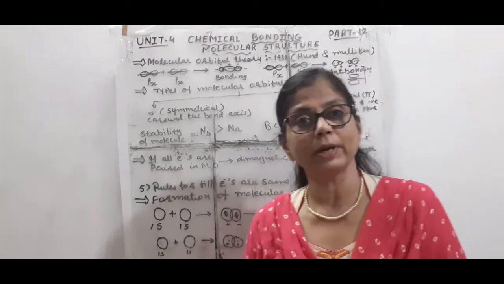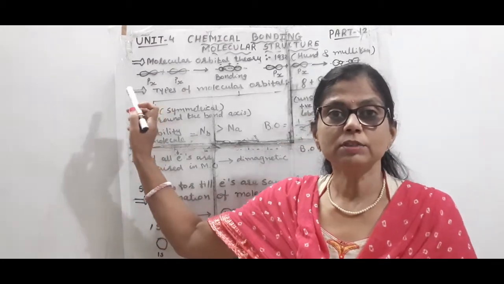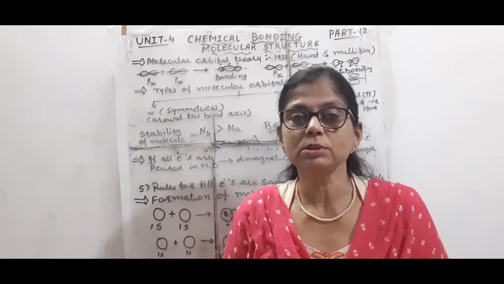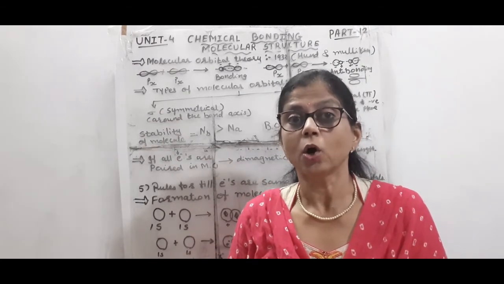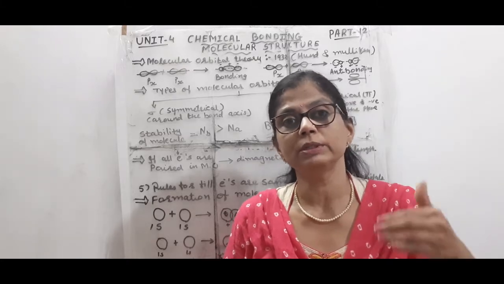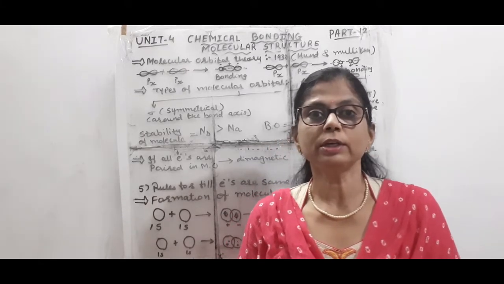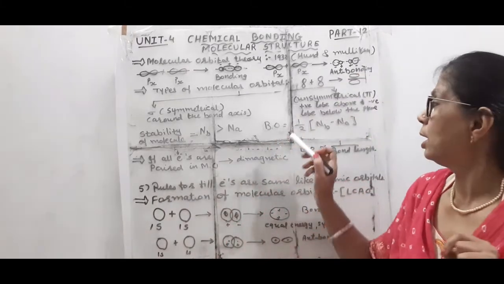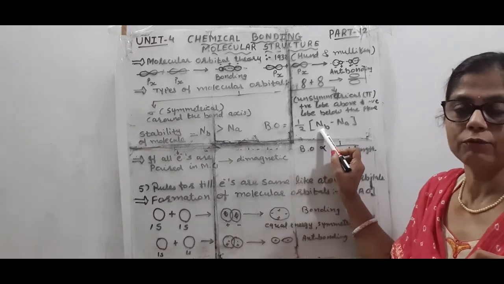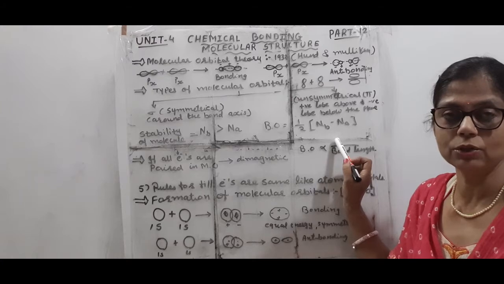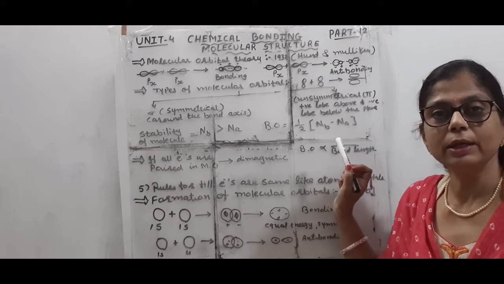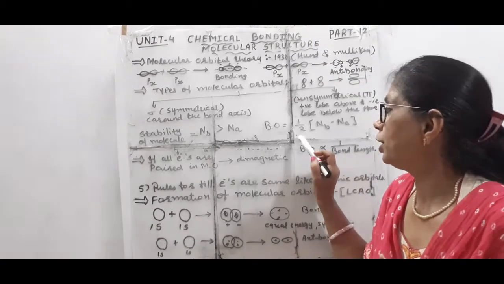And if you want to find the bond order, molecular orbital theory gives the formula on the basis of the molecular orbital diagram. So bond order is equal to 1/2 times (number of bonding pair of electrons minus number of antibonding pair of electrons). This way we can find the bond order.